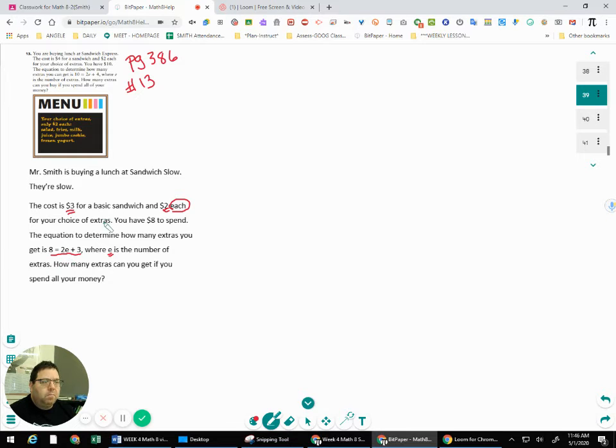So maybe this word problem is slightly easier because you don't have to come up with the formula. How many extras could you get if you spend all your money?